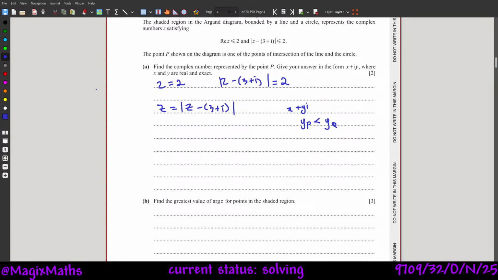Now, let's open up our modulus. For the first case, let's have it as positive, z minus 3 plus i. And so z is equal to z minus 3 minus i.